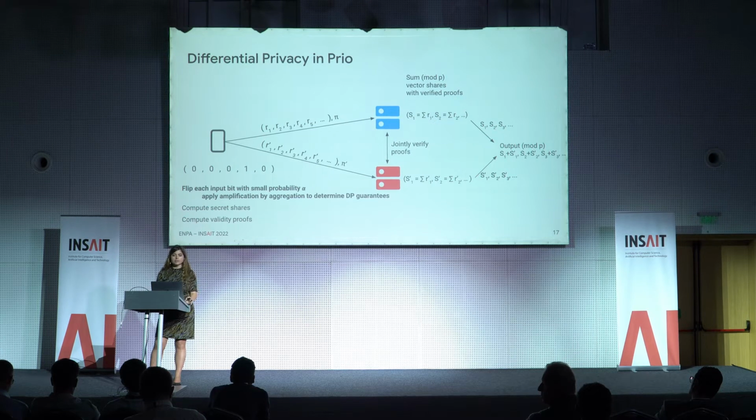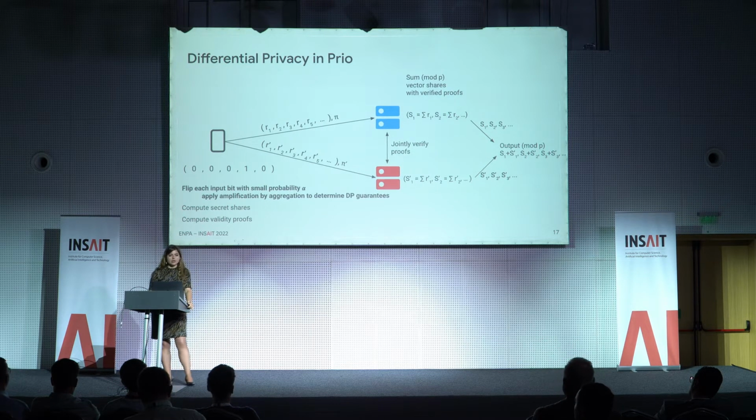And this probability is much smaller than what we would need if we wanted to apply local differential privacy mechanisms. But once all of these shares are aggregated by the aggregation servers, the final result will provide differential privacy while also achieving much better utility compared with a local differential privacy solution.